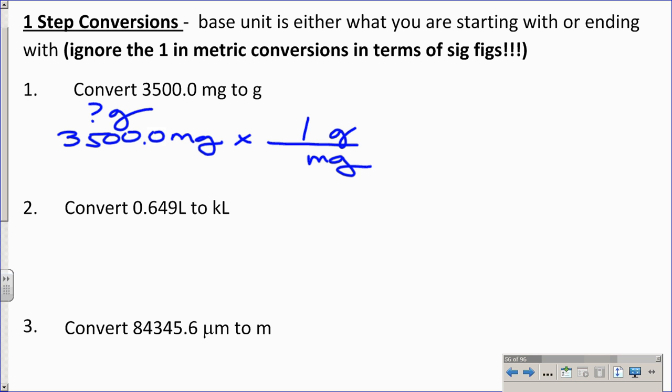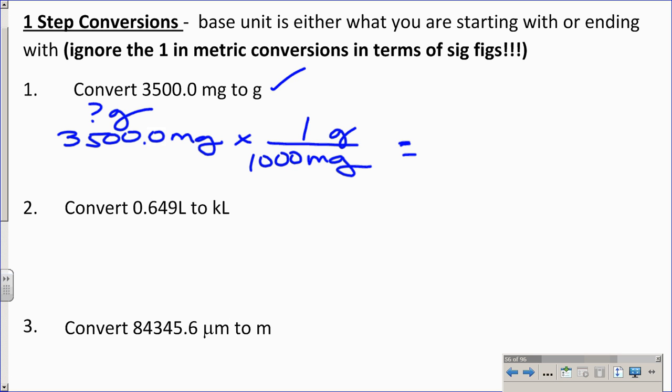So how many milligrams are in a gram? 1,000, or 10 to the third. I'm not going to write out these zeros every time. I want you to start visualizing it, or write it on your own paper. So this is 1,000 milligrams, or I could put 10 to the third. That's it. I got the grams I wanted, and I just go ahead and calculate here.